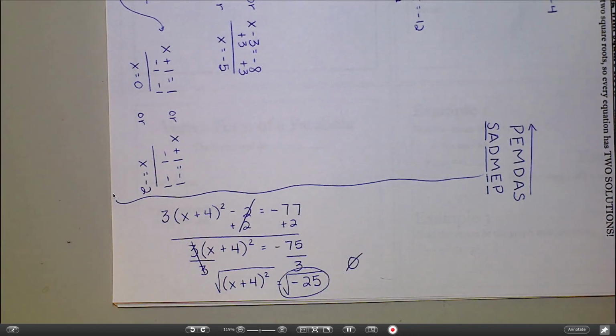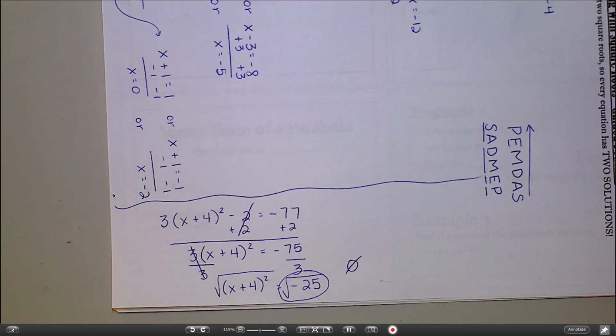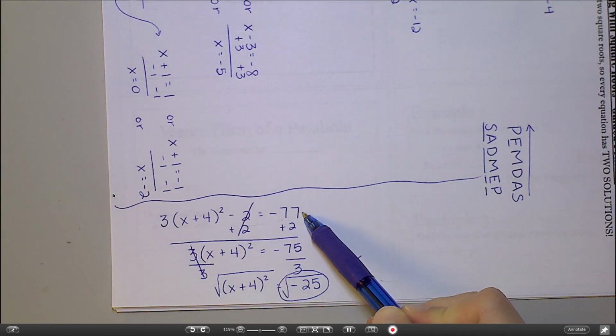And that's what I meant earlier when I said there are exceptions to the having two solutions. If you don't have two solutions, you could have no solutions. Okay? So anytime you're taking a square root of a negative number, it's going to be no solution. However, you can't just look at the original problem and say, oh, because it equals a negative over here, it's automatically not going to work.